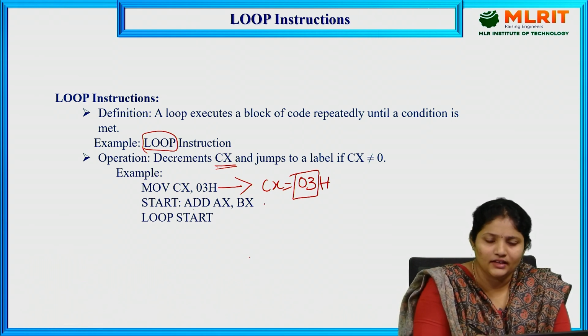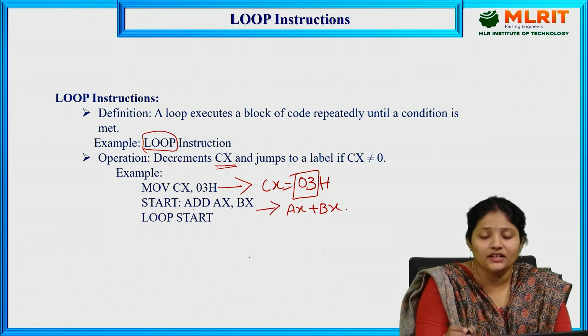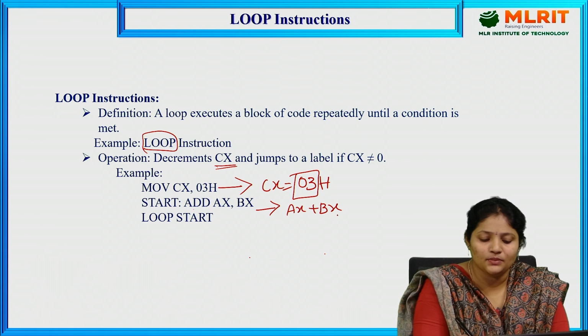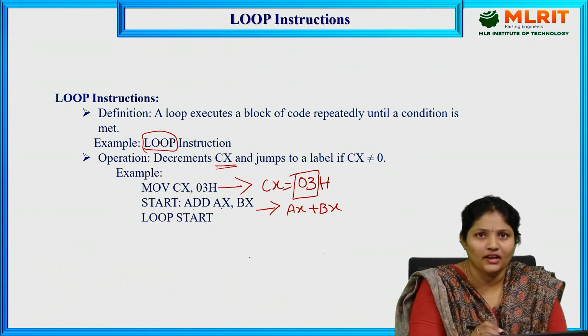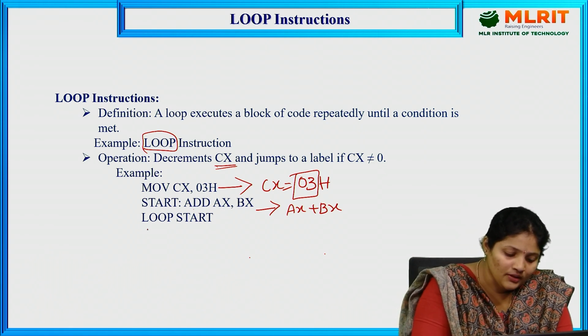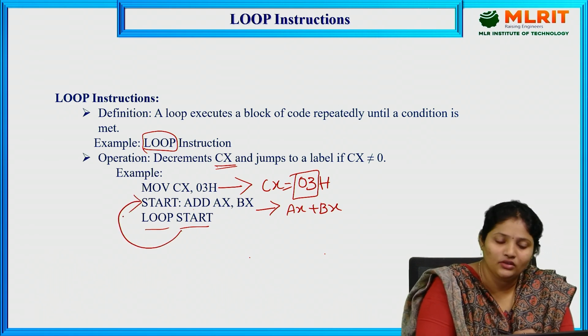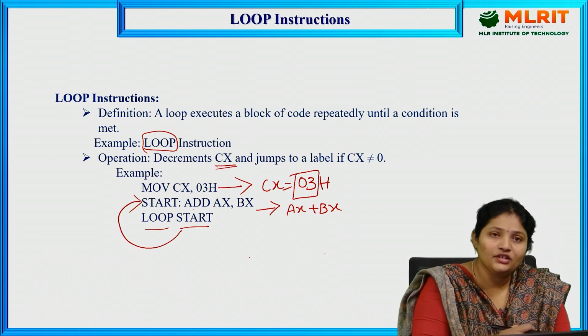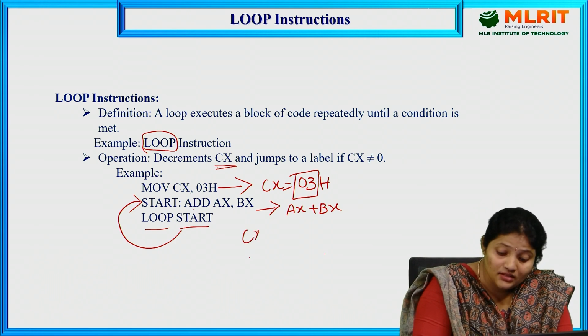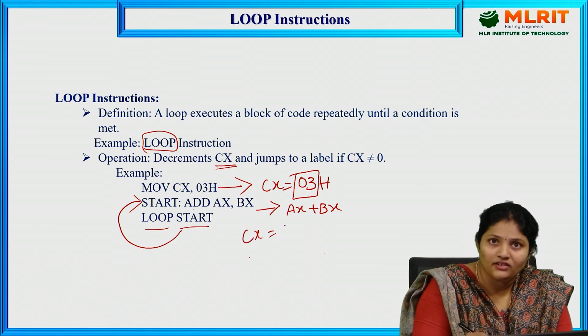The addition operation will be performed with this instruction, AX plus BX, and the output will be stored in AX. Then what I have written is loop start. So again it will get back to the start label, but before going to the start label, the CX register will automatically be decremented by 1.